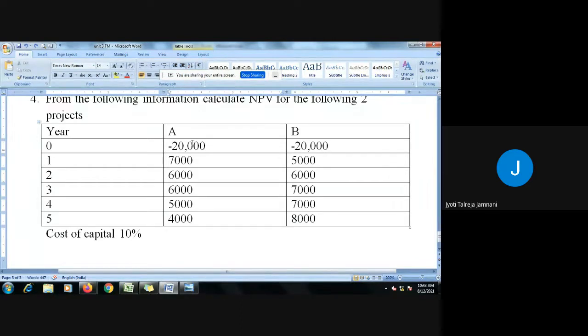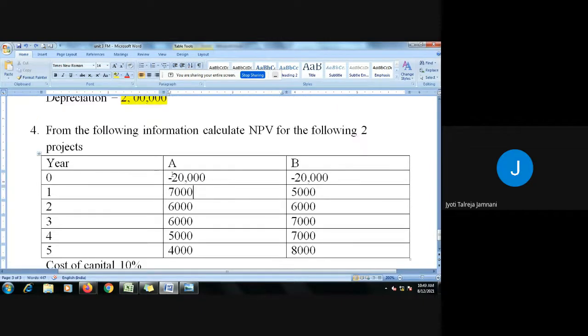Okay. Now Ashwini has asked another question in the chat, why negative, whereas from year 1 to 5 it is the business cash inflow. In a simple way, this is cash outflow. 20,000 is going out and getting into the business, and 7,000 is coming back to us after the business earns certain profits.